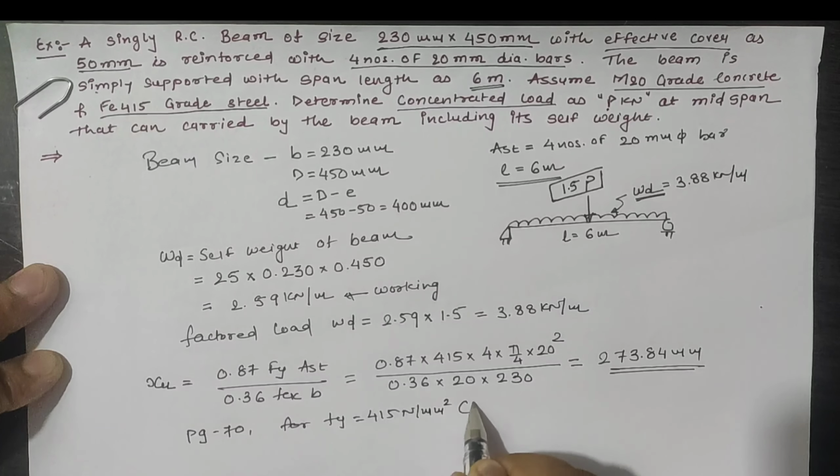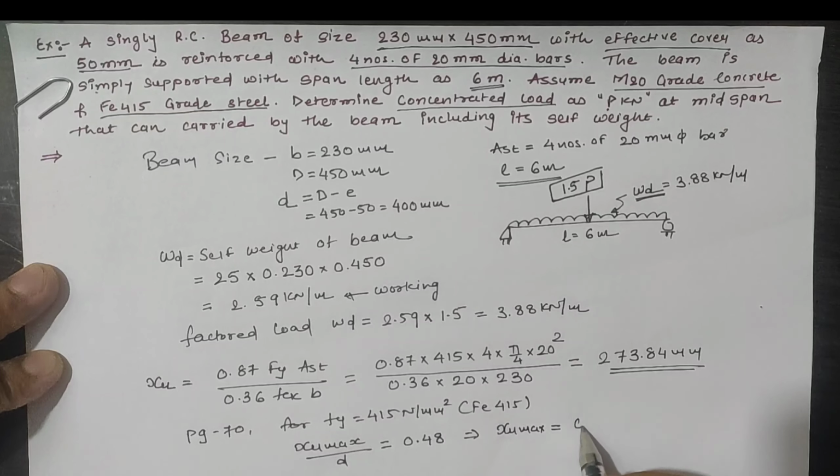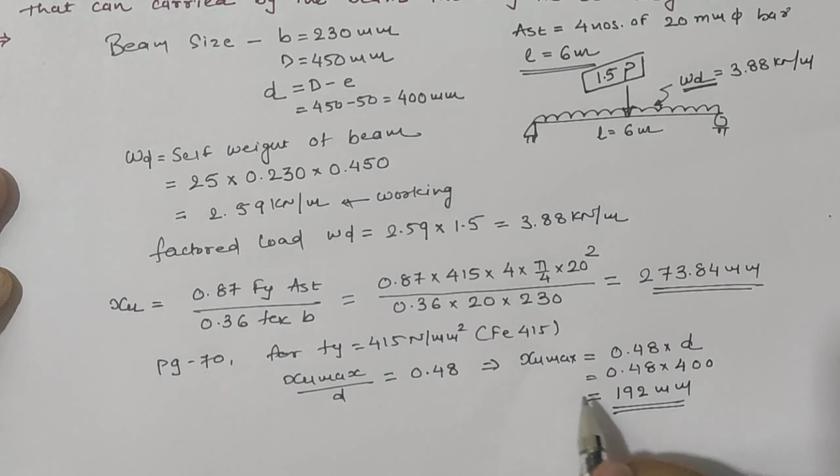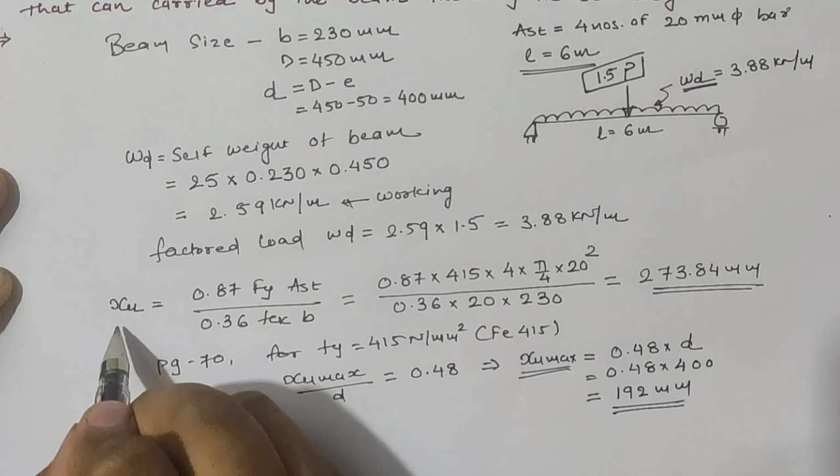It means that it is for Fe 415. The Xu max by D value is given as 0.48. It means that the maximum neutral axis depth is 0.48 into effective depth. It is 192 mm.